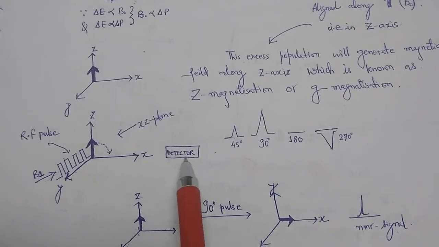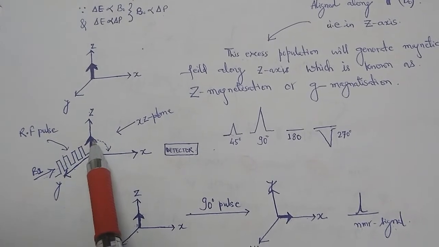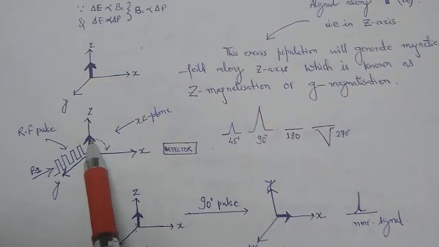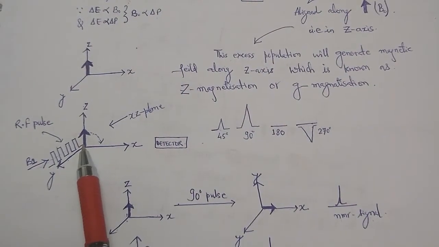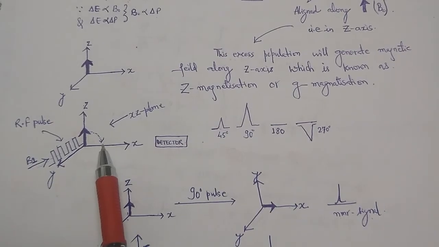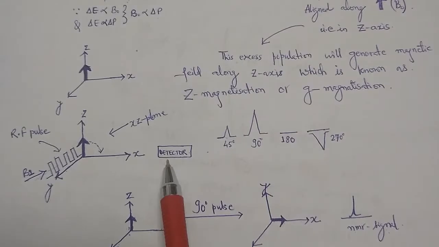Since the detector is placed on the X axis, as soon as the magnetization reaches the X axis via the XY plane, it gives an NMR signal.